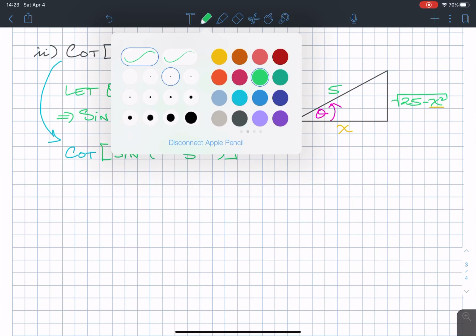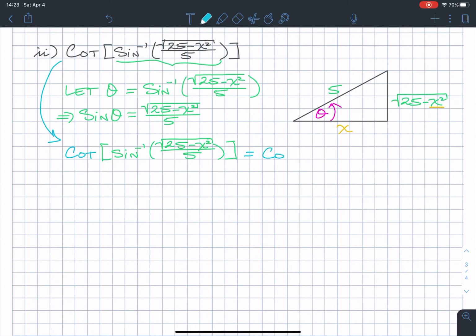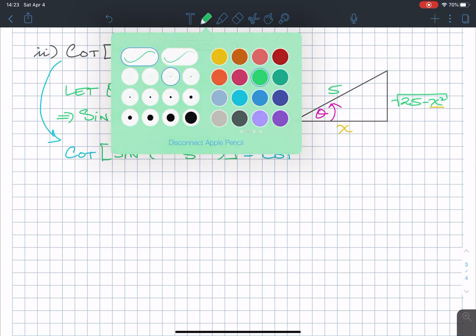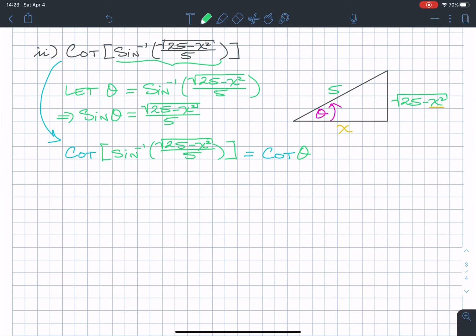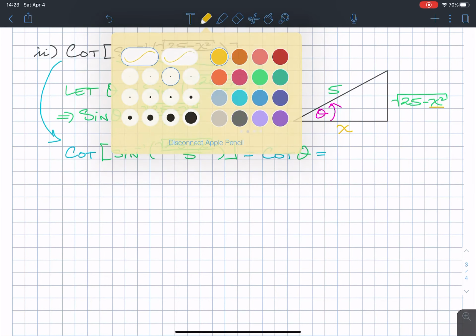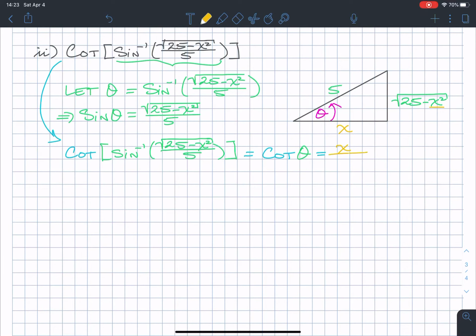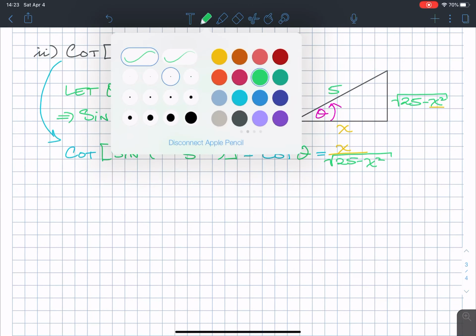But that whole expression is theta. So cotangent of theta is going to be adjacent x over opposite the square root of 25 minus x squared. And there we are. That's how we evaluate that.